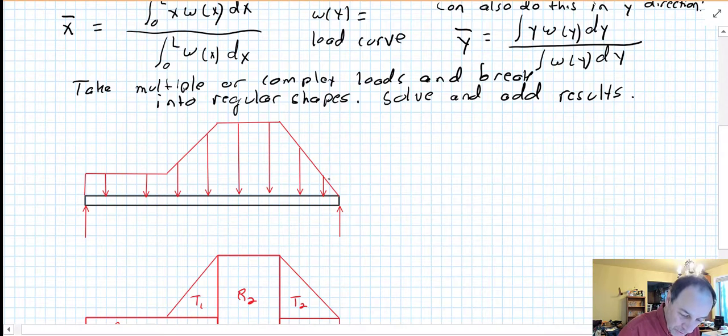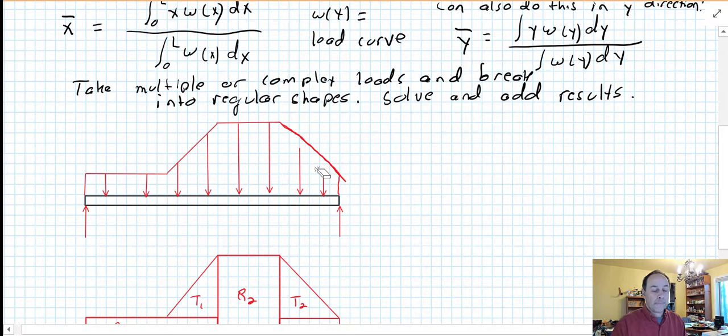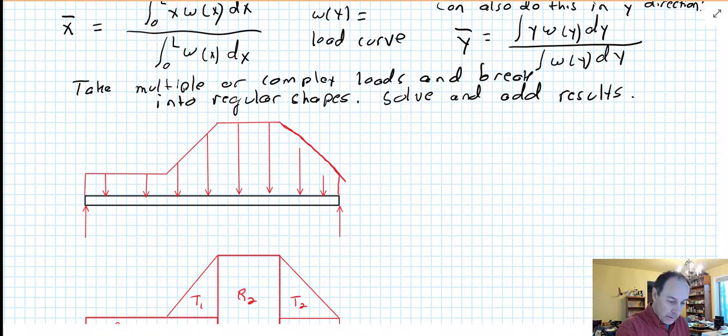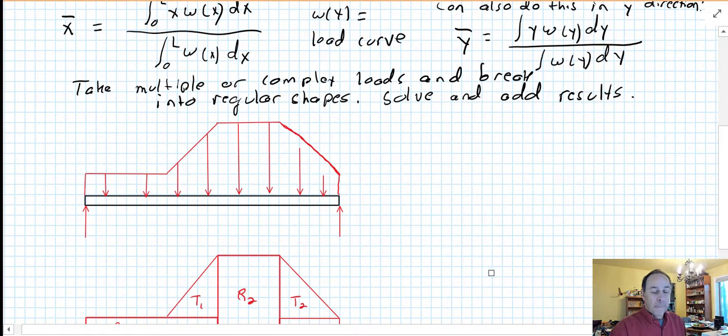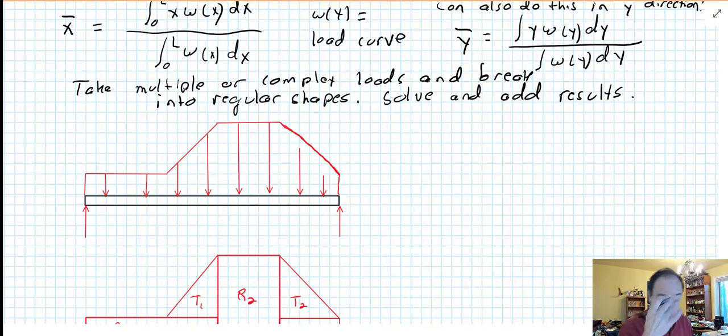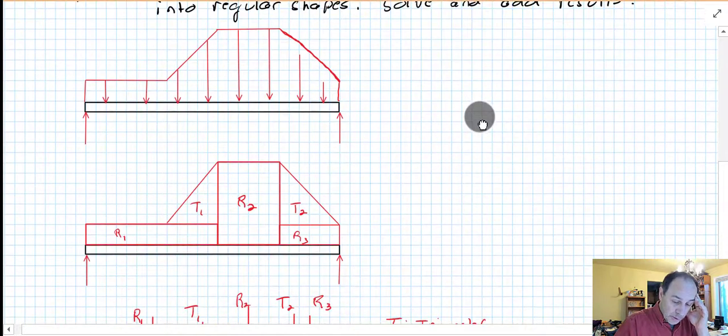This is supposed to go to here, and this should go like this. All right, little touch up there. Okay, so what we can do is break this up into multiple shapes.